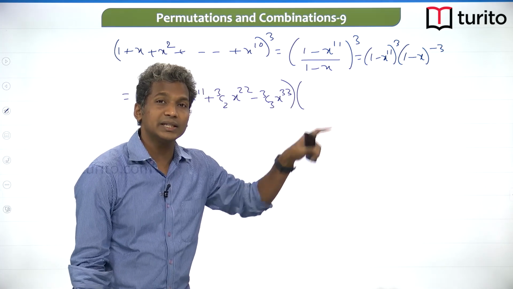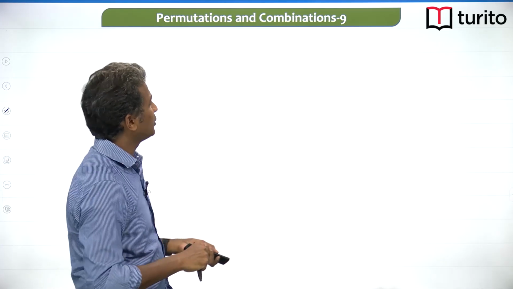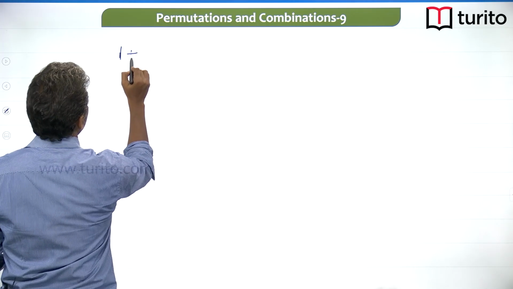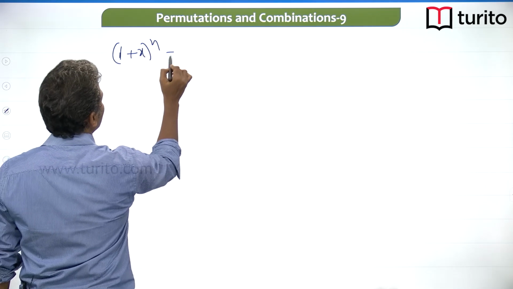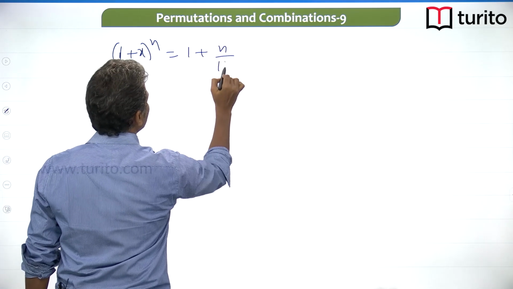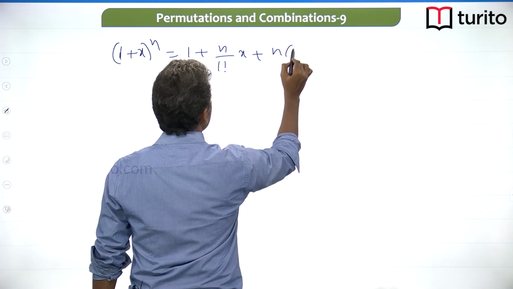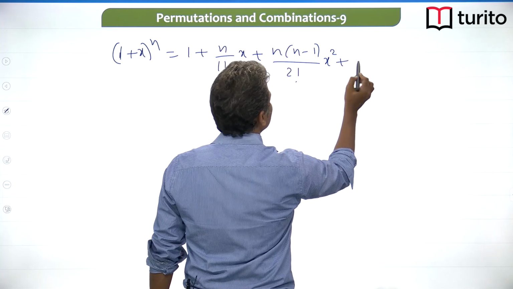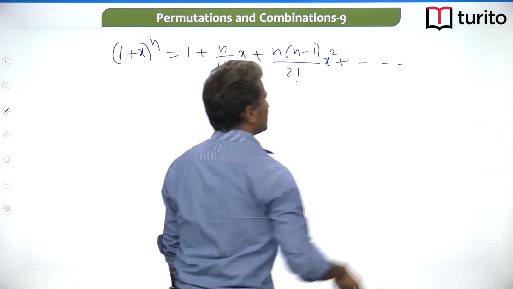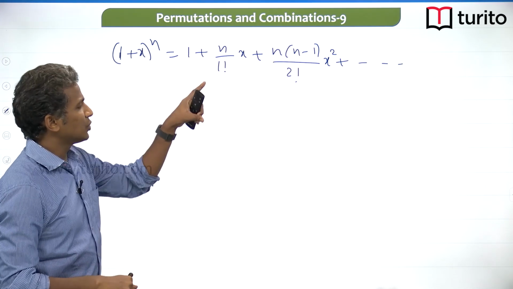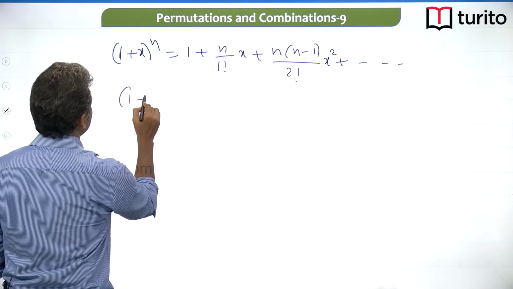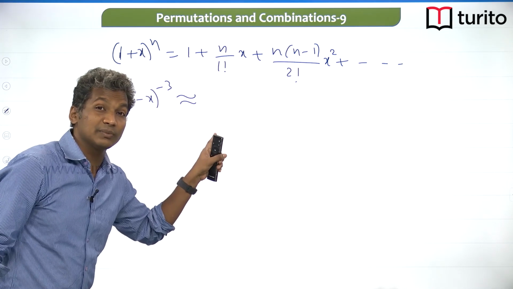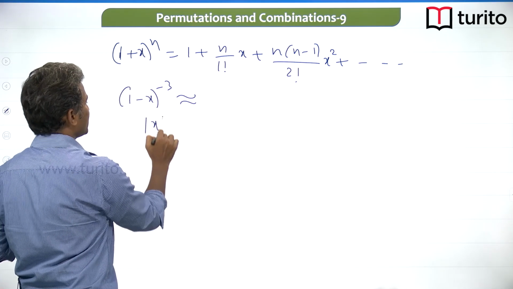How do we write this? You recall our ideas of binomial theorem. If you recall this expansion, (1 plus x) whole raised to n, it is going to be 1 plus n by 1 factorial into x plus n into (n minus 1) by 2 factorial into x square and so on, till n plus 1 terms. So if you are writing (1 minus x) whole raised to minus 3, what are the changes? Because this is an approximation form, remember that mod x must be less than 1.